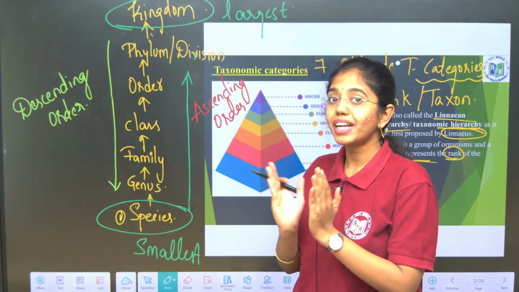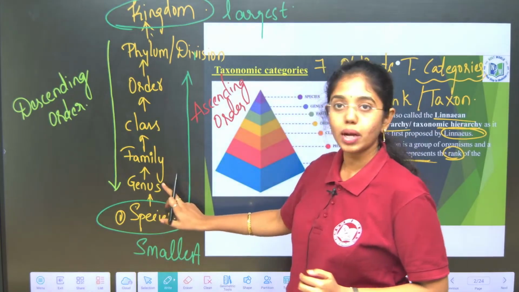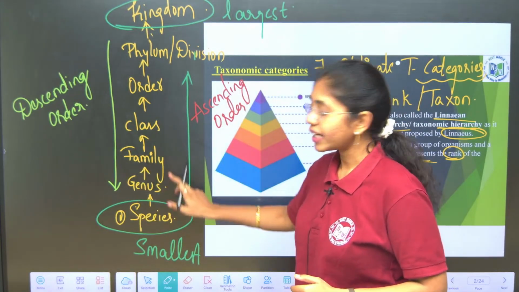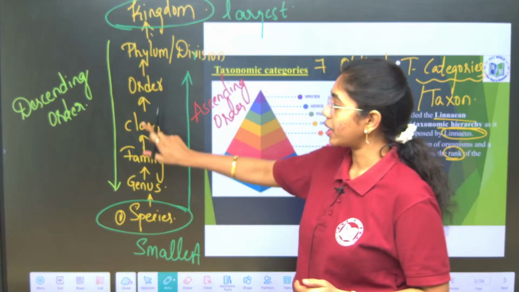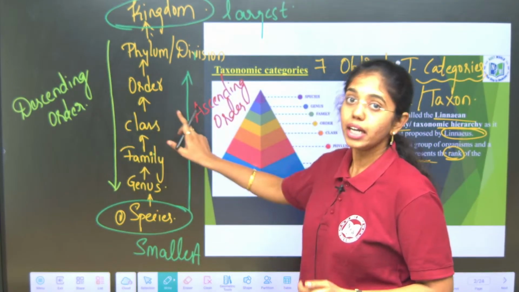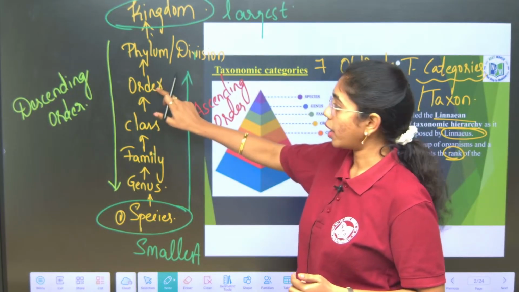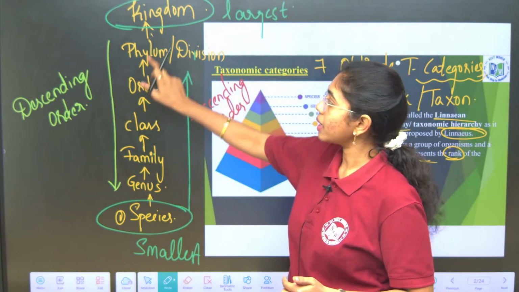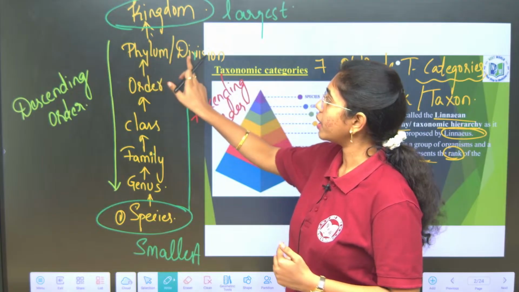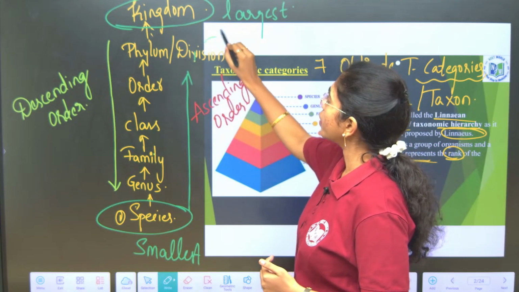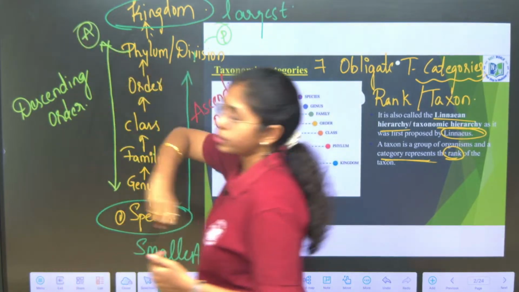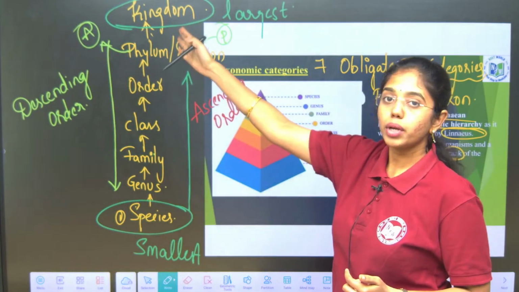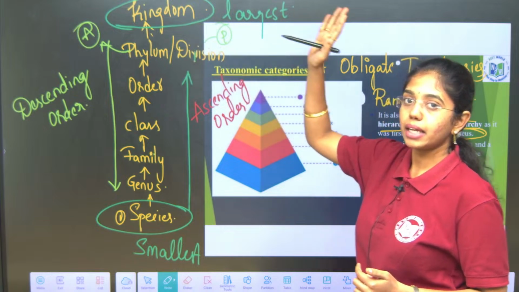A group of related species is kept under one genus, a group of related genera under family, related families under class, related classes under order, related orders under division. Division is the term we use for plants, and phylum we use for animals. And as such, we have two kingdoms, kingdom Animalia and kingdom Plantae.